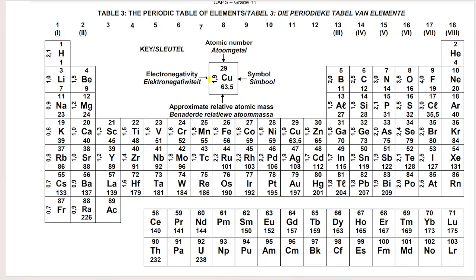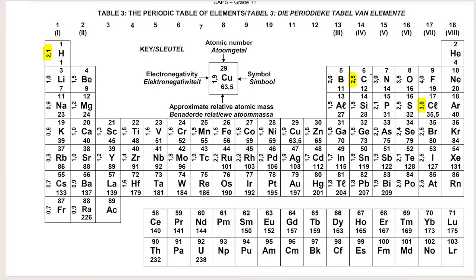And on our periodic table, it even says here in the little key that the electronegativity is the sideways number. So we know that we have a carbon in that molecule. The electronegativity is 2.5. We have 3 hydrogens with the electronegativity of 2.1. And then we have chlorine with an electronegativity of 3. Now the guideline says that the least electronegative atom goes in the middle, but we exclude hydrogen from that. So hydrogen we're not going to look at. If we look at carbon and chlorine, the least electronegative is carbon. It has an electronegativity of 2.5.